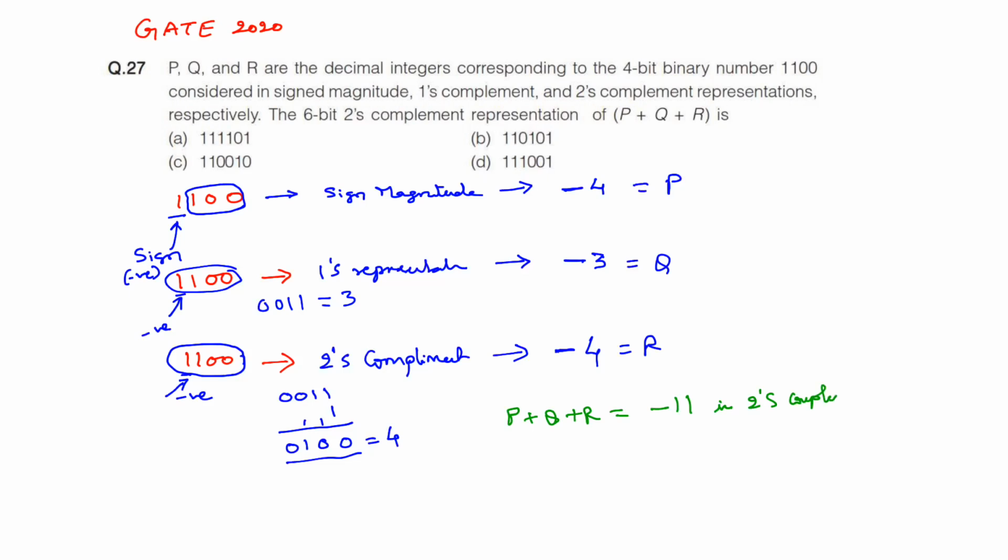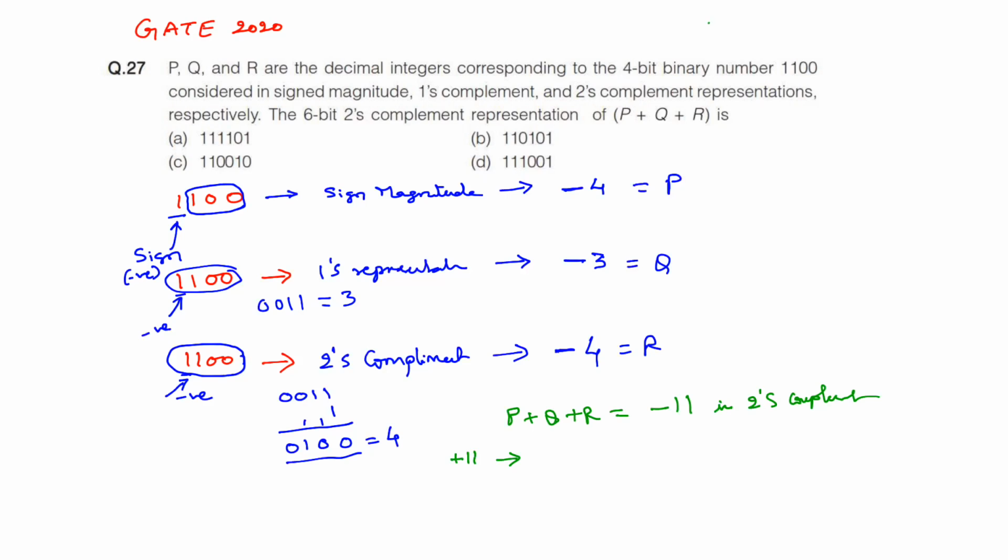If you want to represent in 2's complement form, first you have to write its positive form, then take 2's complement. So first represent +11. To represent +11, a minimum of 5 bits is required.